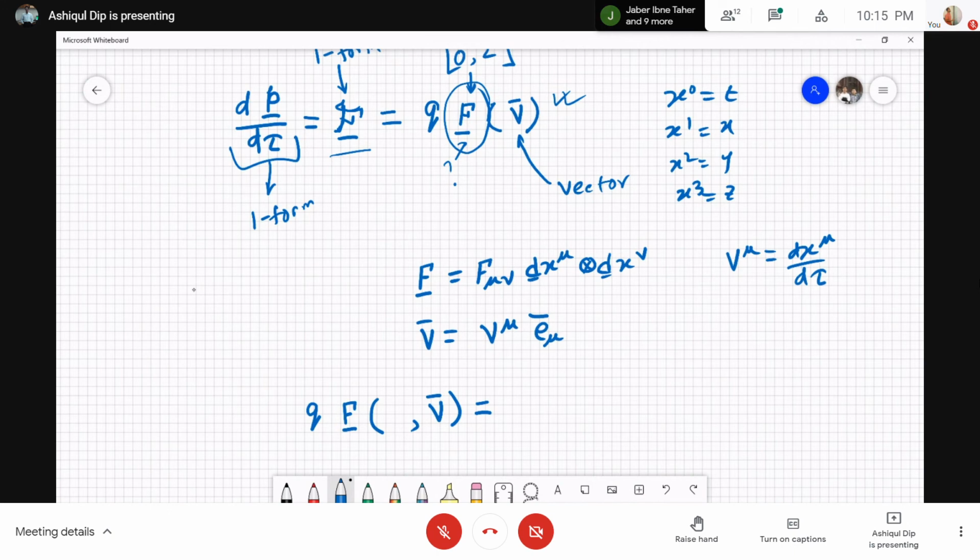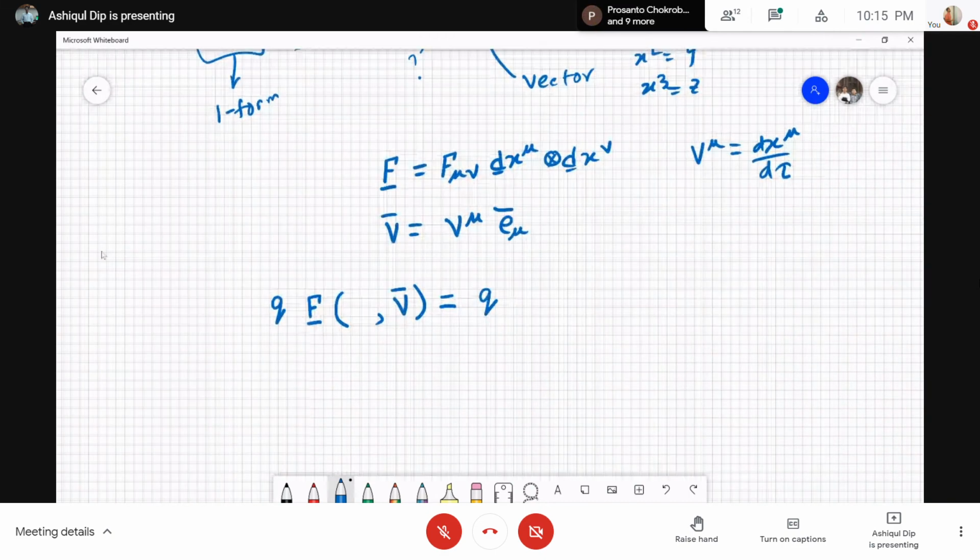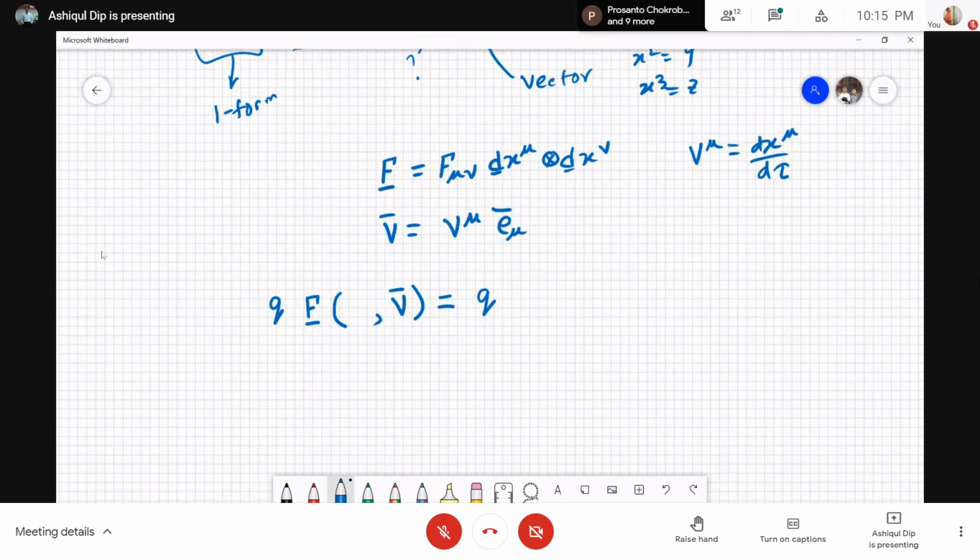So now I can expand, right? When I'm taking this piercing, it basically means this: F_μν dx^μ times dx^ν, but pierced with vector v, in abstract form.